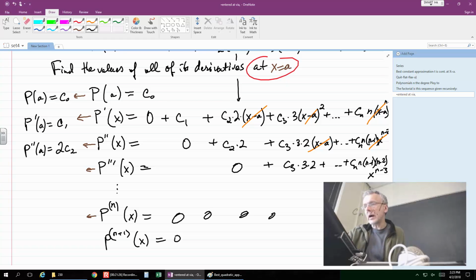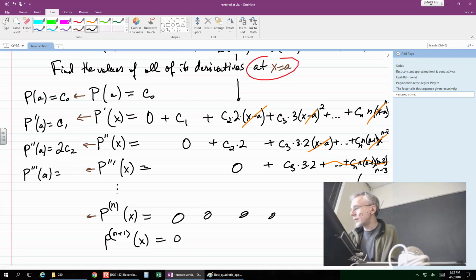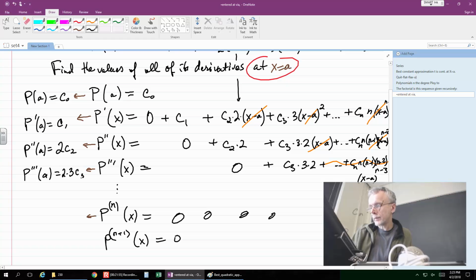The next line for P triple prime of a, and as you can see, once again, all of these terms will be gone, because what we have present here is x minus a everywhere, and x minus a turns into 0. So the answer is then 2 times 3 C3. And then we continue on.